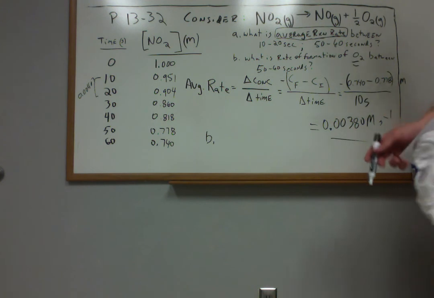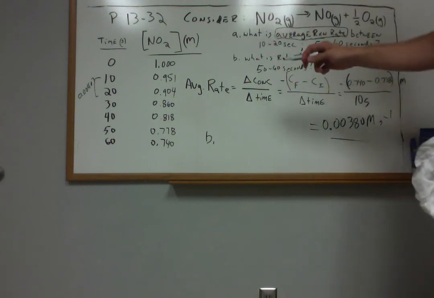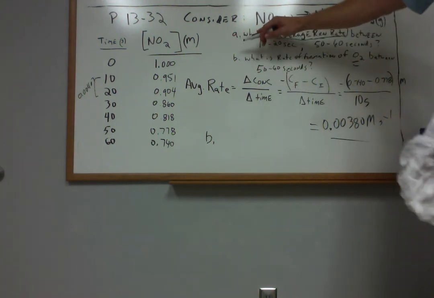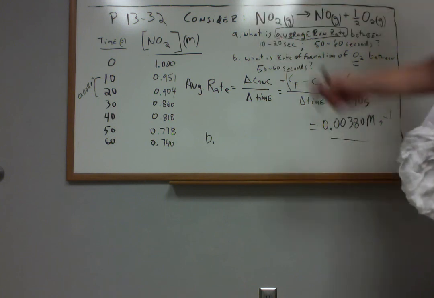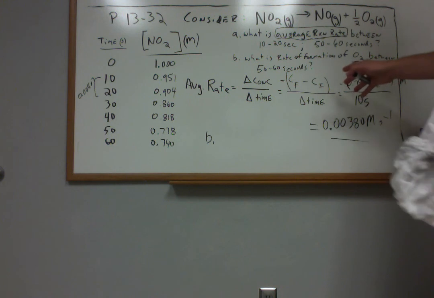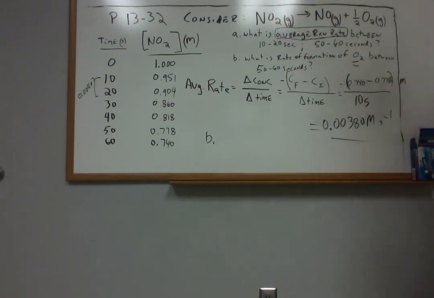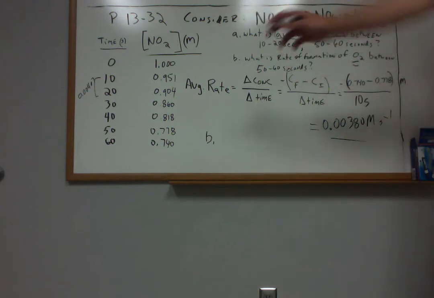In this problem, we're fortunate because there's an unwritten 1 for the NO2. So if we solve for the average rate of decomposition of NO2, that's going to be the same as our reaction rate by virtue of the 1, okay? But the reaction rate is always normalized to essentially one stoichiometric unit. You divide by whatever number is in front of the concentration that you're tracking.